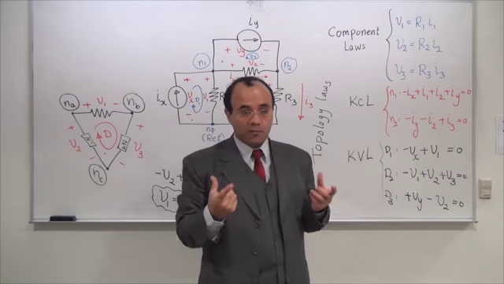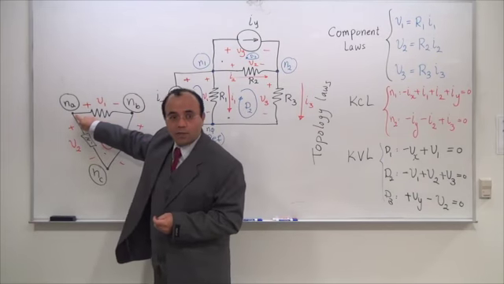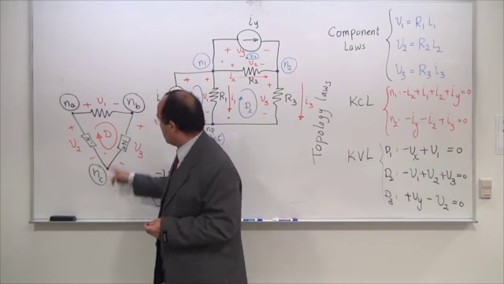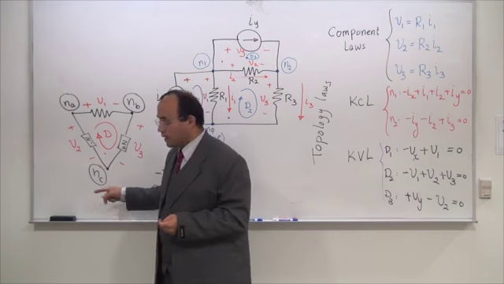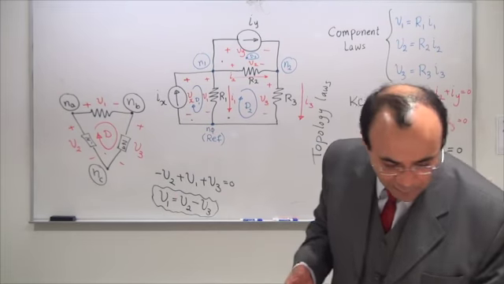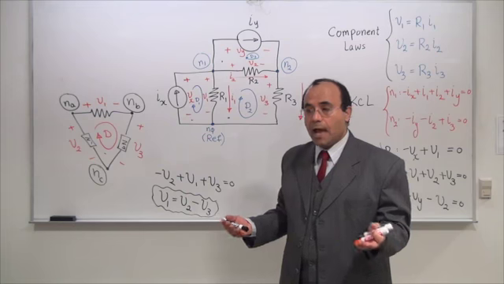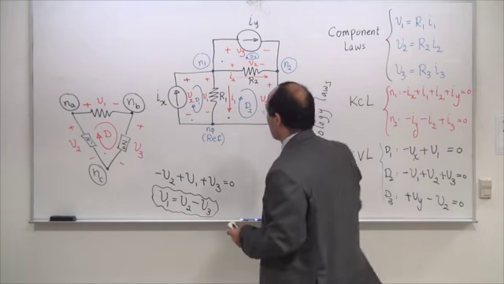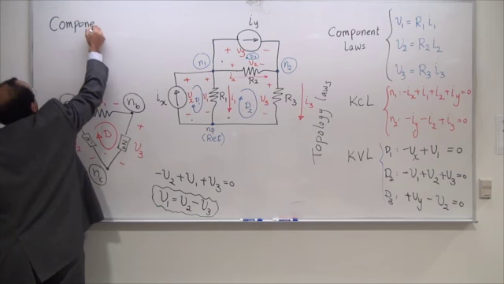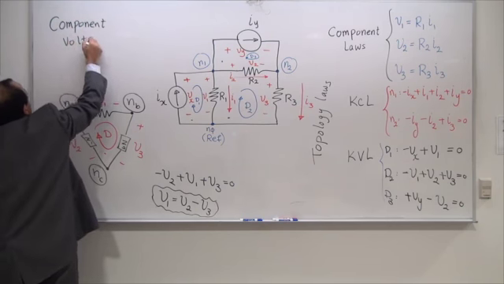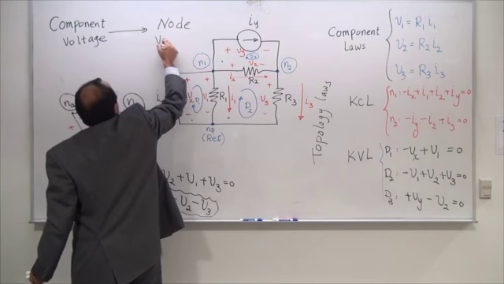The component voltage is going to be fixed, but then I'm going to have this node A voltage assigned versus a reference node, and this node B voltage assigned versus a reference node. Now that's the important thing. This simplest step, which seems to expand the component voltage for me, is actually going to simplify my system a lot. So let's see if we can have component voltages mapped into node voltages.